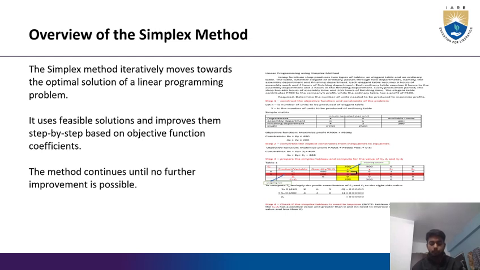Find the leaving variable, which current variable should be decreased. Use the minimum ratio test so as not to violate any constraint. Perform row operations to recalculate the table. Repeat. Keep going until no negative coefficient remains.